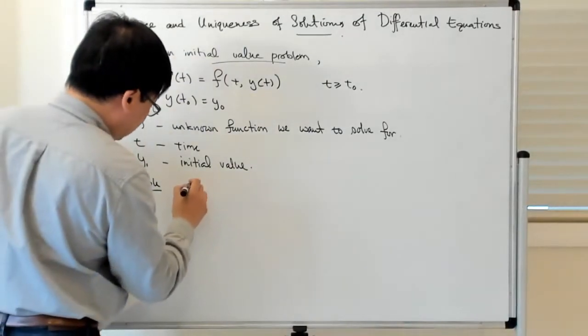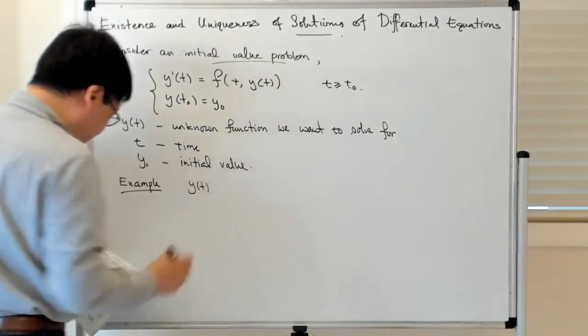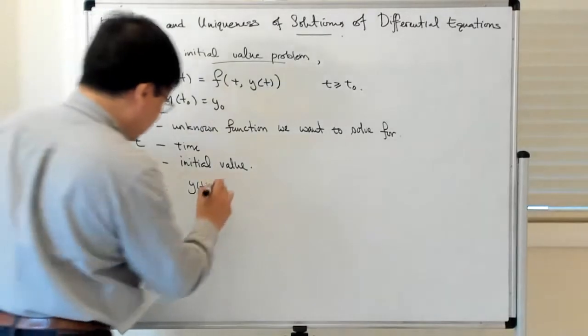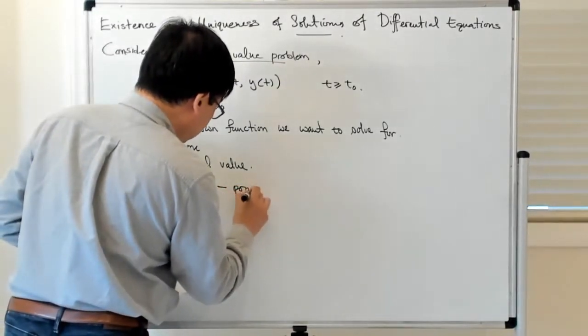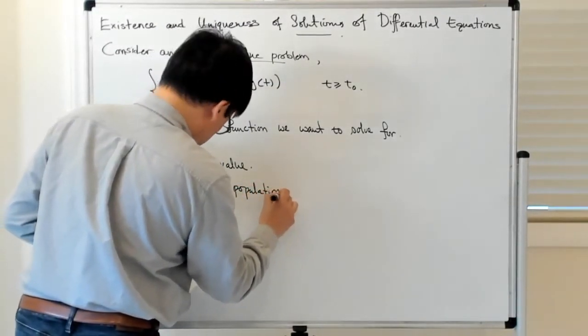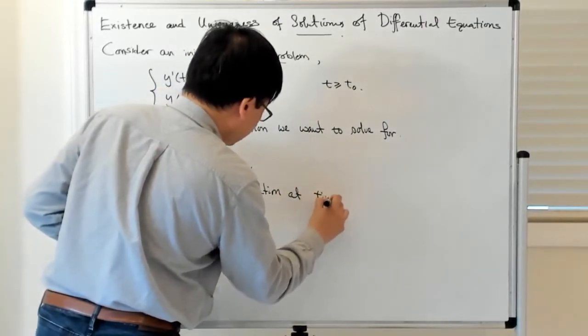One possibility, for example, is to try to model population dynamics. y of t is the population at time t.